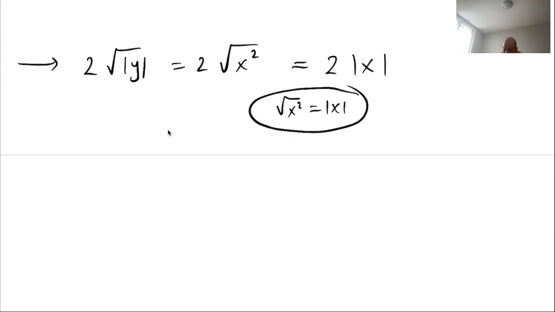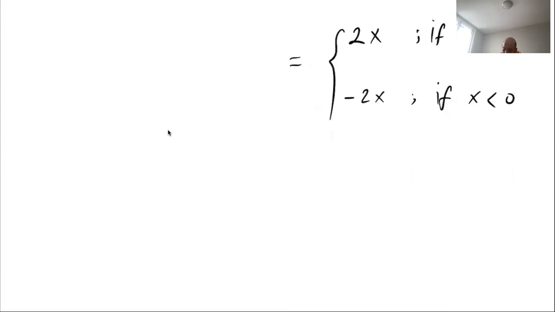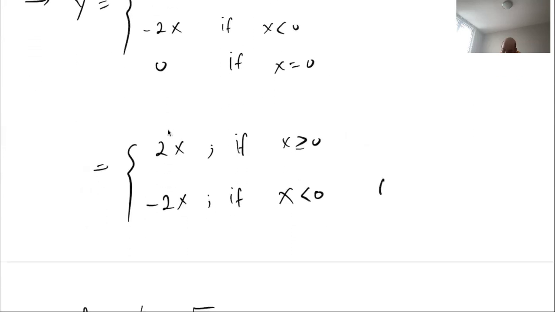And therefore we can write this as 2x if x is bigger than or equal to 0 and minus 2x if x is less than 0. According to the definition, absolute value x is equal to x if x is bigger than or equal to 0 and minus x if x is less than 0. So let me call this equation 3 star. And let me call this equation here equation 2 star.